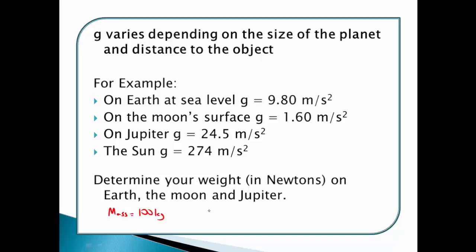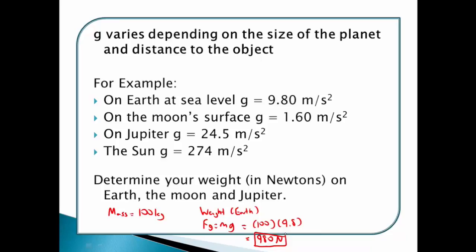If we're talking about your weight on Earth, Fg is equal to mg, which is 100 times 9.8, which gives you, now you see why I picked 100, 980 newtons. So if you were 100 kilograms, you're not going to say your weight's 100 anymore. You're going to say your weight's 980 newtons and really blow them away.